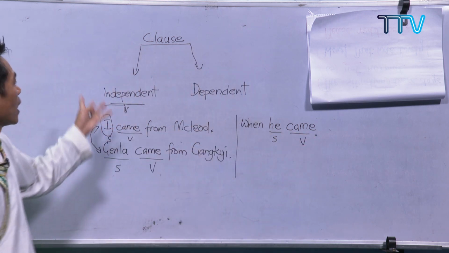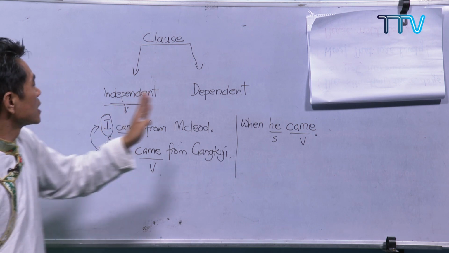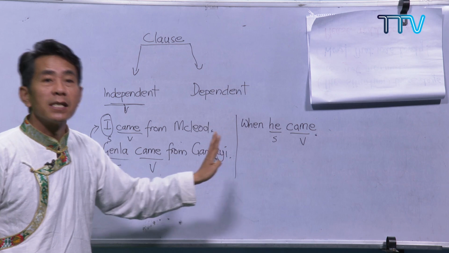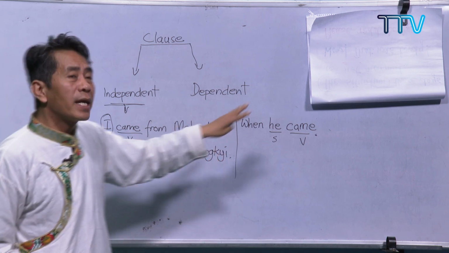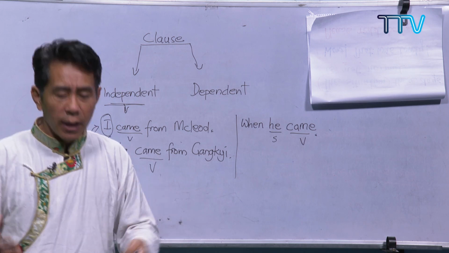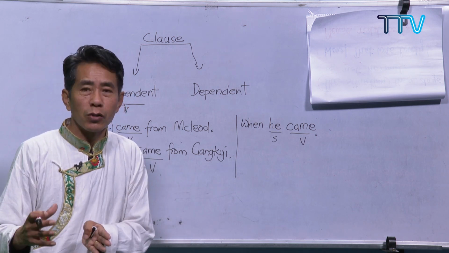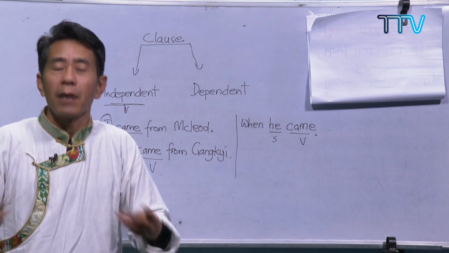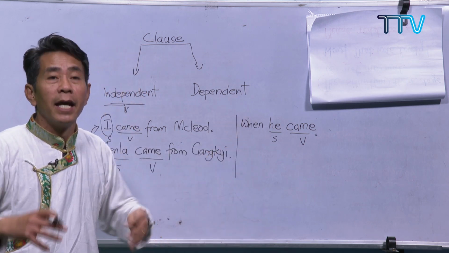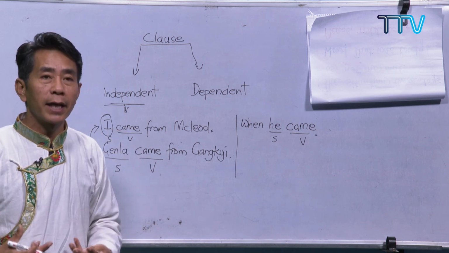But if we ask whether this is a dependent clause or an independent clause, we say that this is dependent. When he came, you see, it does not make a complete sense. When he came, there is some kind of pause. When he came, so what happened? What happened? In order to make this a complete sense, it has to depend on another sentence.